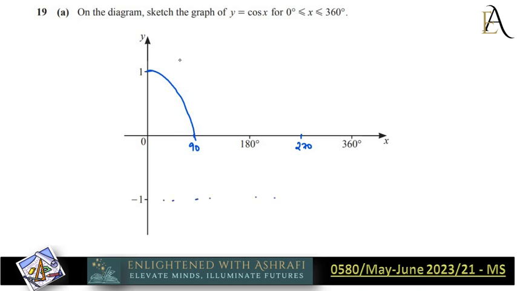Use proper measurement scales so that you don't make any mistakes. This will go like this, and then again this will become 0. And since they told to go till only 360, we will end it over here. So this will look something like this.